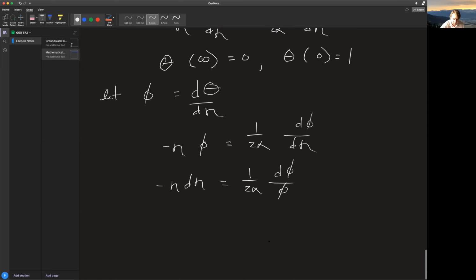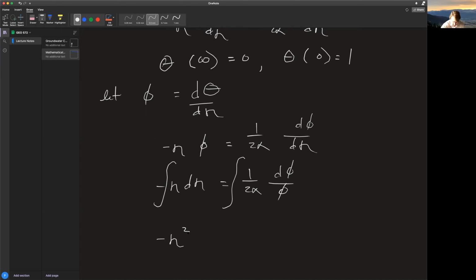The integral of this one is negative eta squared, the integral of this one is the natural log of phi, plus some constant, C1.